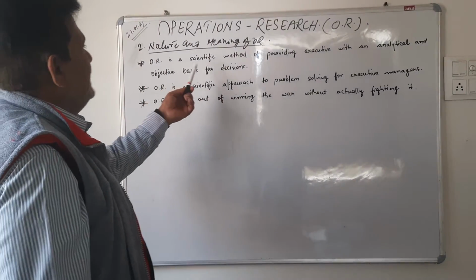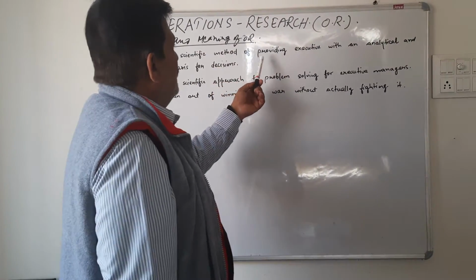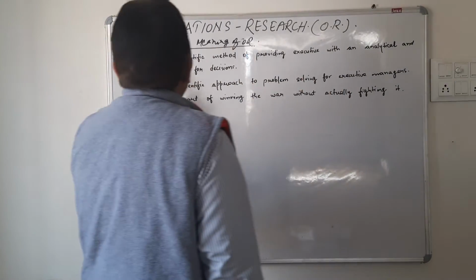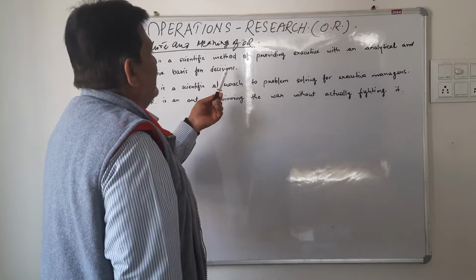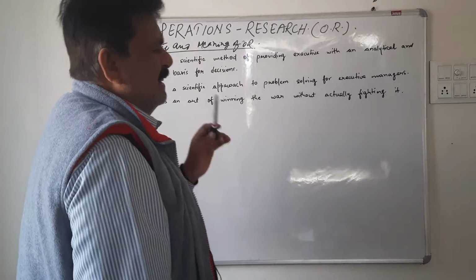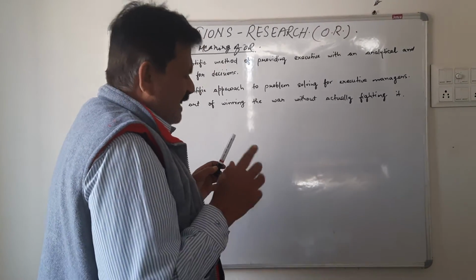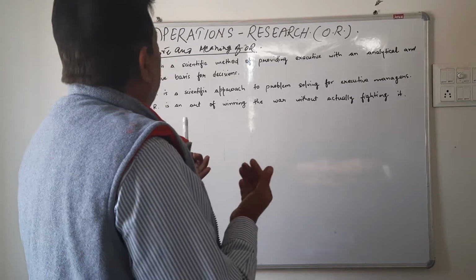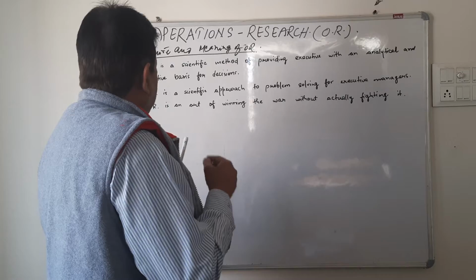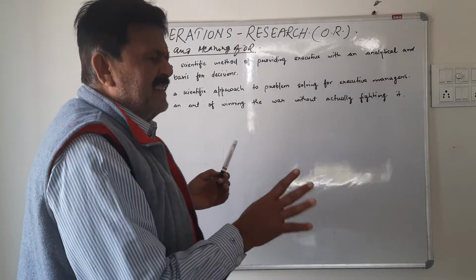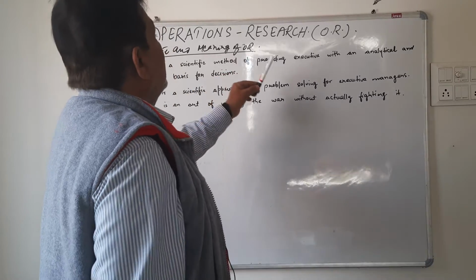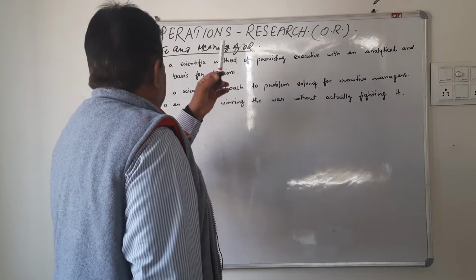OR is a scientific method of providing executives with an analytical and objective basis for decisions. When executives are in a state of dilemma and face various problems, they take help from OR. OR provides them with various plans and suggestions, and based on those plans and suggestions, executives take their decisions.